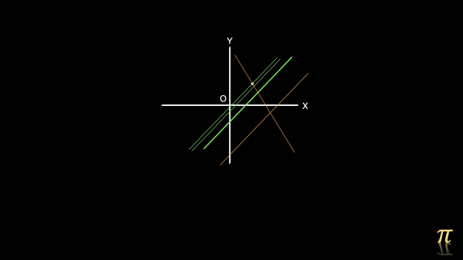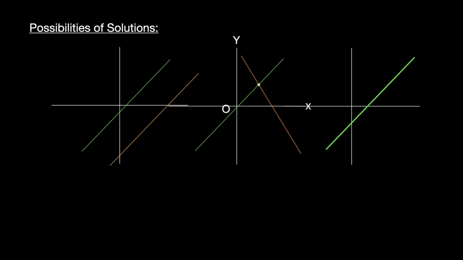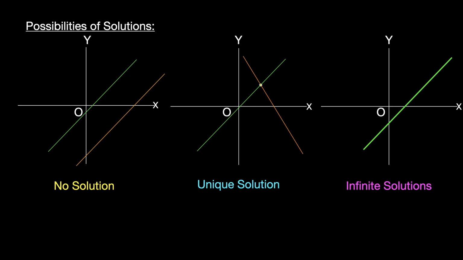Now for the possibilities of solutions: if we have a system of linear equations in two variables, then we will have three possible cases. The first case is no solution.